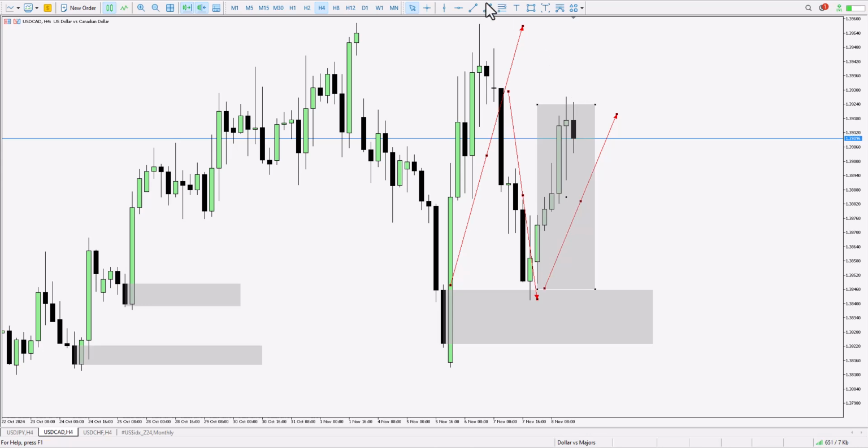A demand zone. Same applies with this demand zone right here, the lower one. You'd have anticipated price to move away from that zone, creates a new high, and then once it comes back, see, price came back to that zone right here. Okay. So I'm just gonna extend this here.